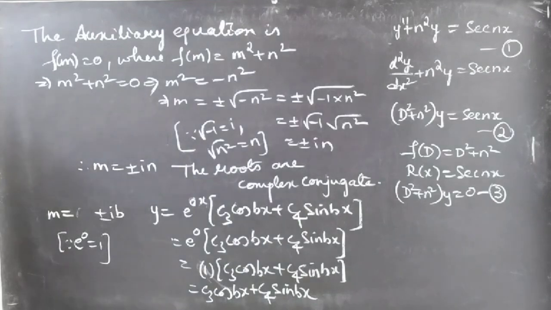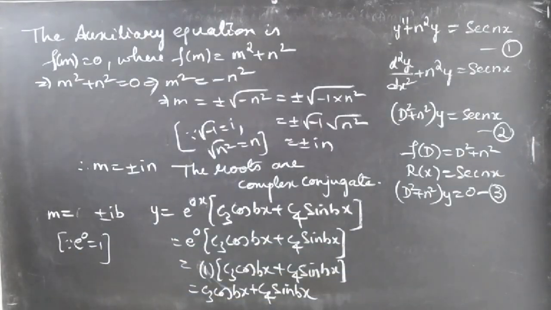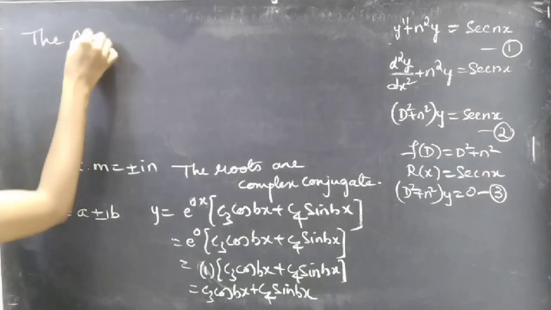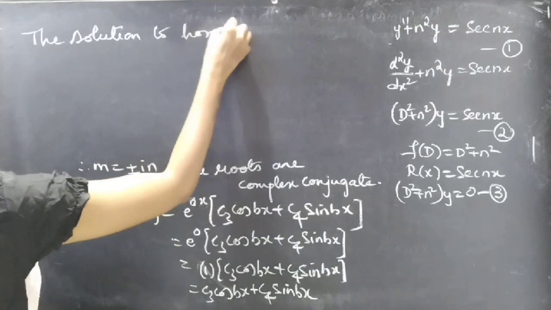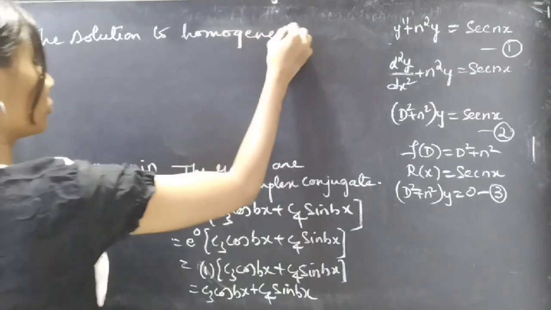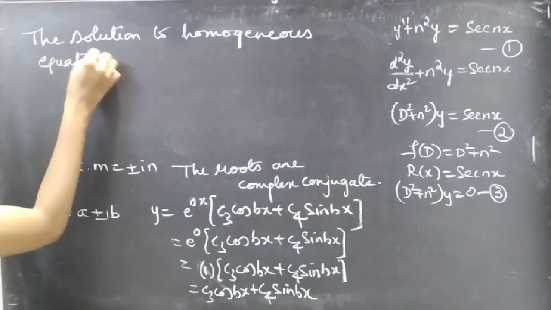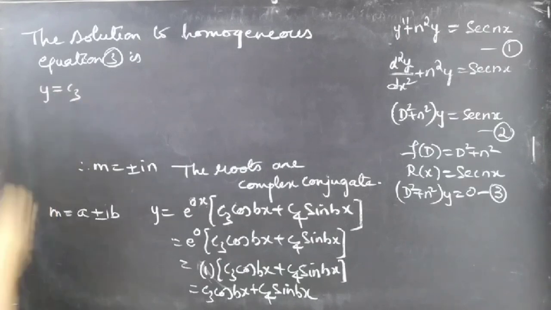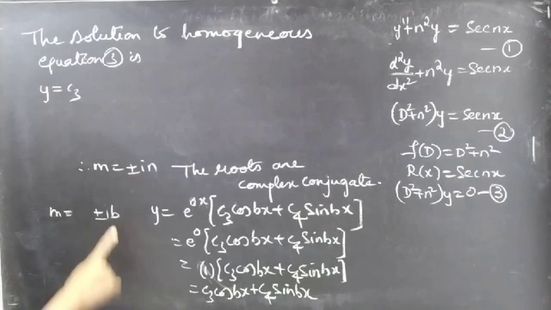Let's now write the solution to our homogeneous equation, equation 3. The solution to the homogeneous equation is y equal to C3. Just compare plus or minus in with plus or minus ib.